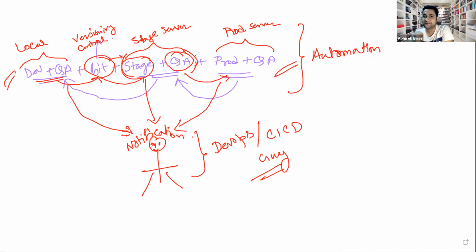And if everything is fine, then automatically it shifts to the production server. If at any time it fails, it will return back, and you get the notification. No matter success or fail, any kind of notification you will get. So this whole automation is called DevOps or CI/CD.